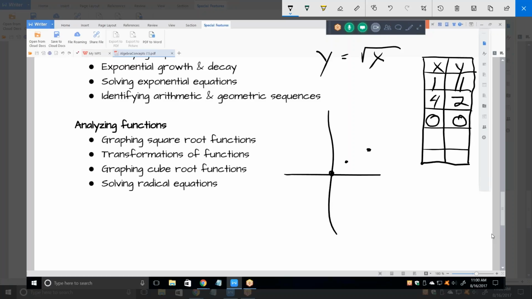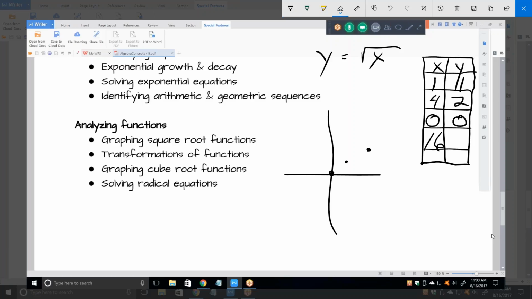Now, can I plug in minus 1 for X? Yes. No, no. You cannot take the square root of negative numbers. You can take the square root of positive numbers or 0, but only those. So the next one I'm going to plug in is going to be 16, right? I know I could do 9.